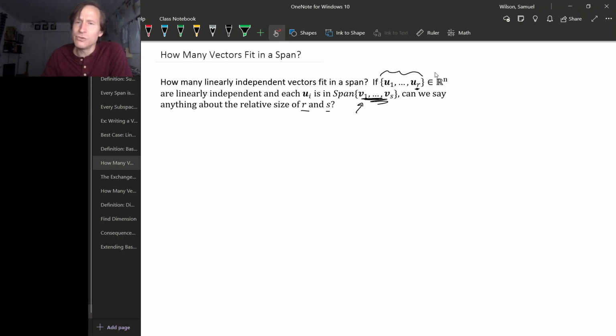These u vectors are linearly independent, and that means that if we put them all into a matrix like this, along with a variable vector like this, and there must be R entries in this variable vector, and set it equal to 0, then this equation has only the trivial solution.